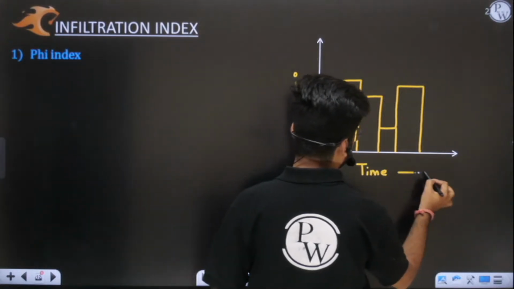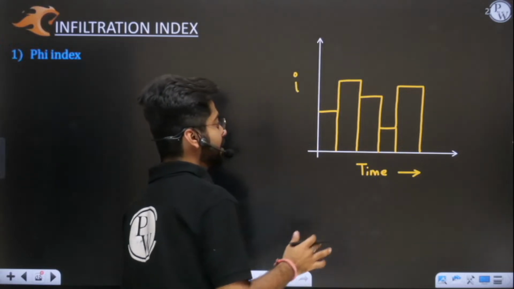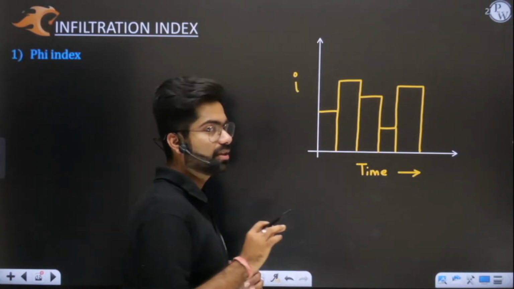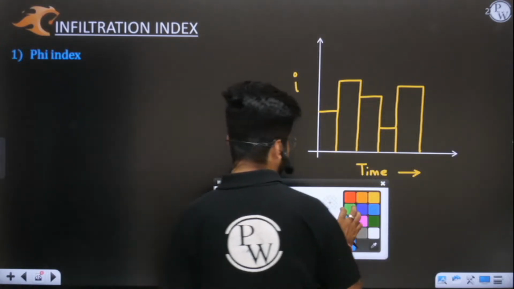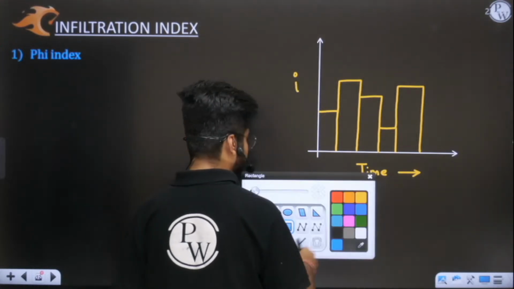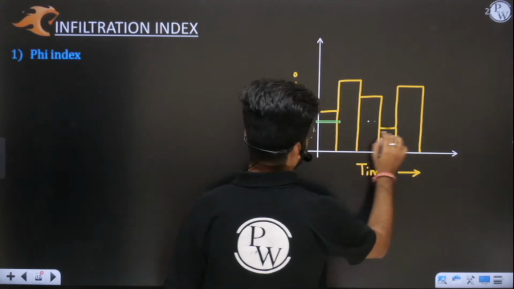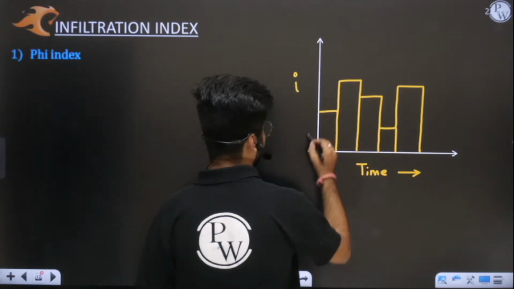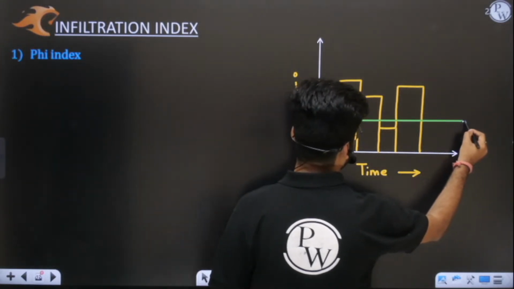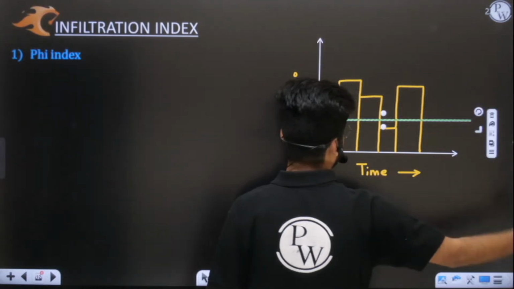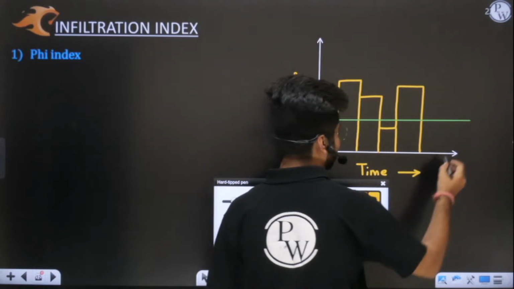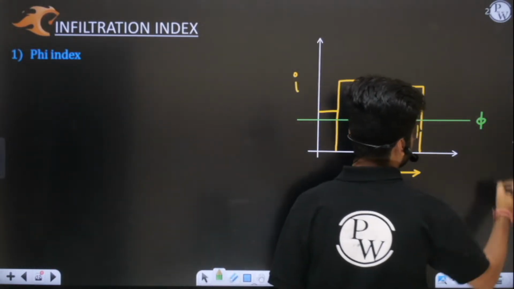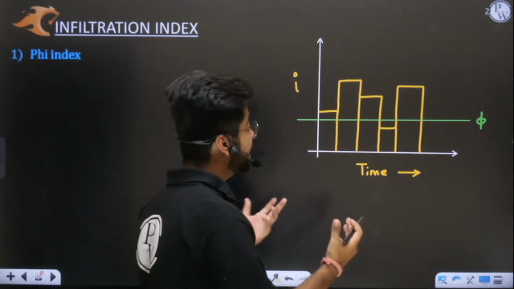Now sir, what is the meaning of phi index? Phi index is simply the value of average rainfall. Listen very carefully. Let me draw a random line here. Let us say if this line is representing phi index, then what is the meaning of this phi index?